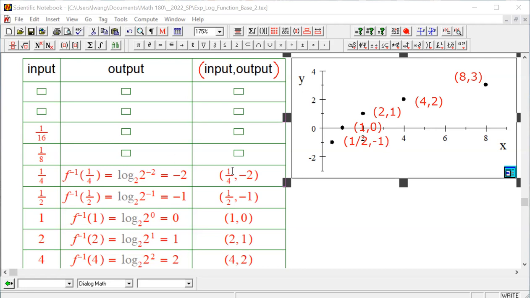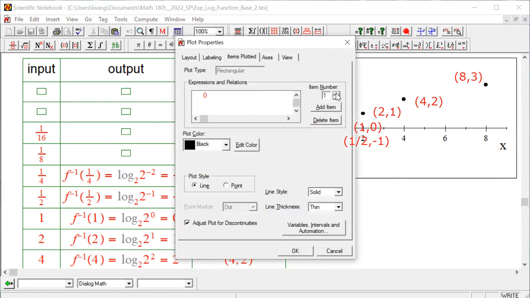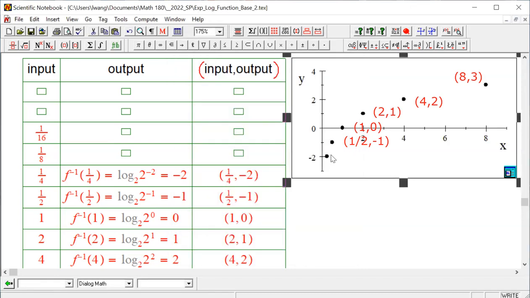Okay, so how about this point? Input a quarter, output is -2, goes down here, right? So that's the point. I'm going to mark it. Quarter, output -2. So what do we expect?